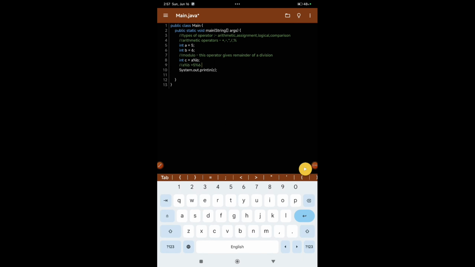Now let's combine them all. How can it be done?